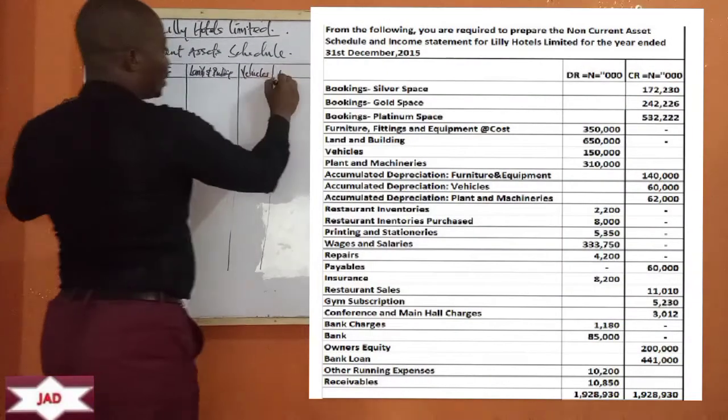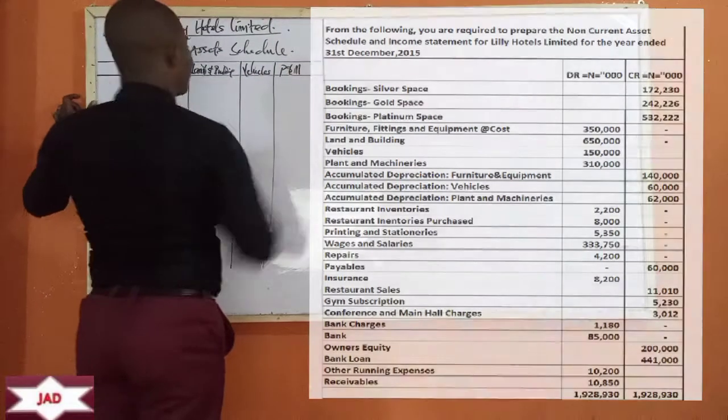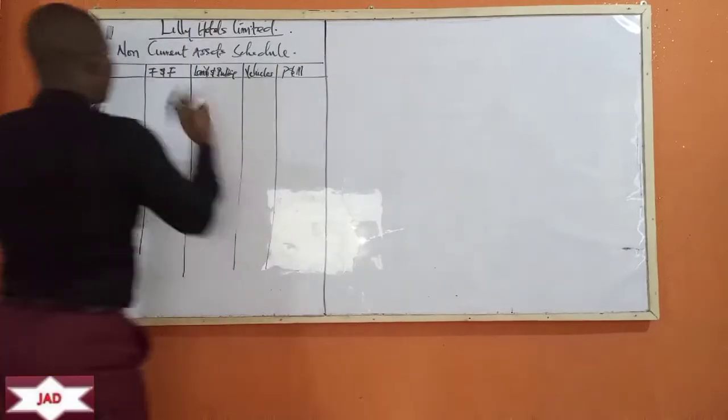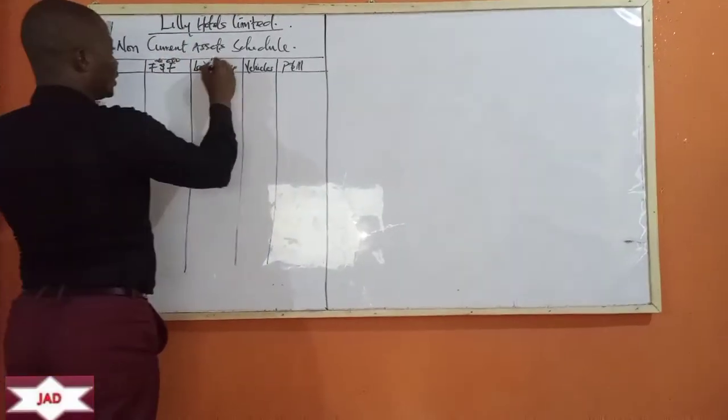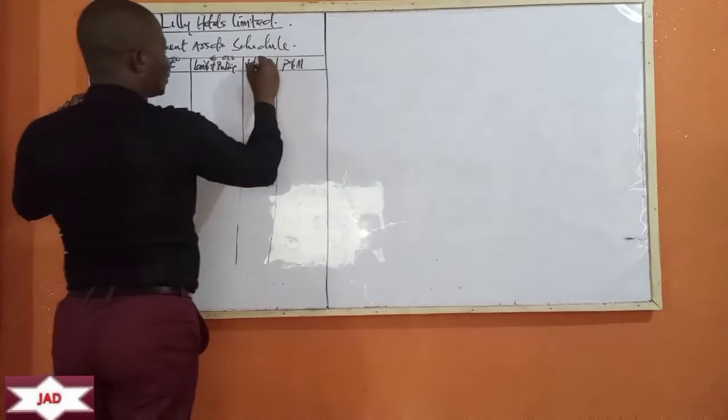Of course, let's put our naira here. We have it in thousands, three zeros short.